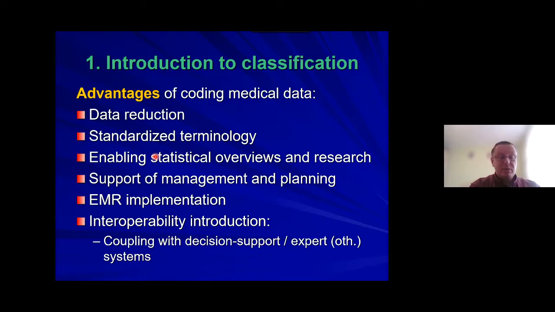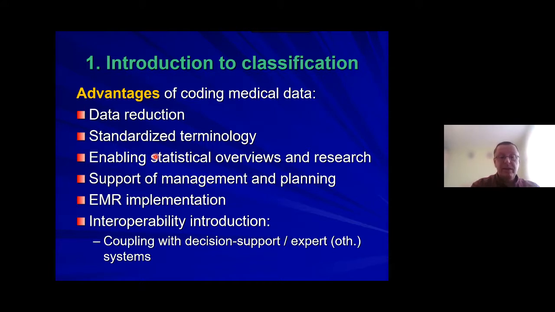Classification gives us the ability to reduce the amount of data which is stored within the patient record. And what is much more important is to standardize terminology and provide a strong, reliable representation of content, so that content will be interpreted only in a single, correct, straightforward direction. It also has lots of additional minor advantages.